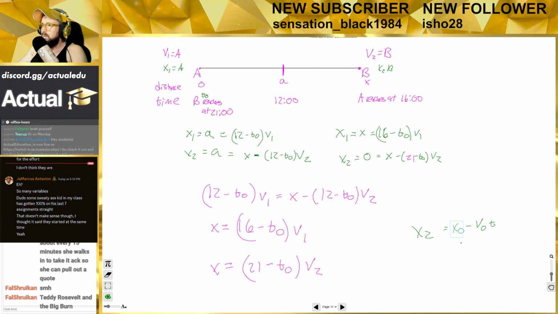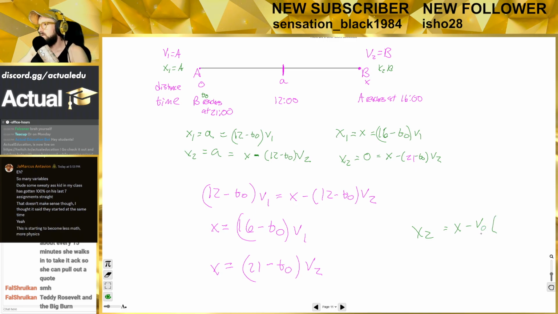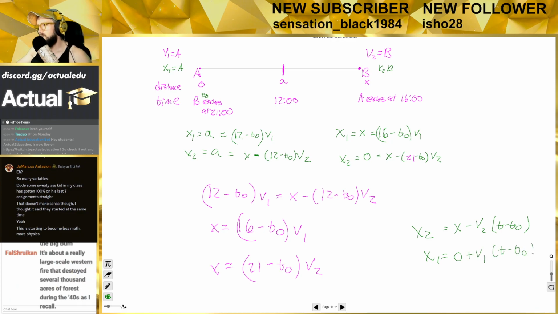X2 equals initial position, which is just X, plus V0. This is V2 times T minus T0. And then X1 is equal to 0 plus V1 times T minus T0. These are the 2 equations we have.